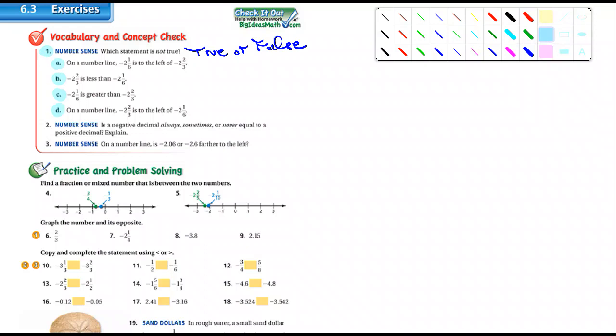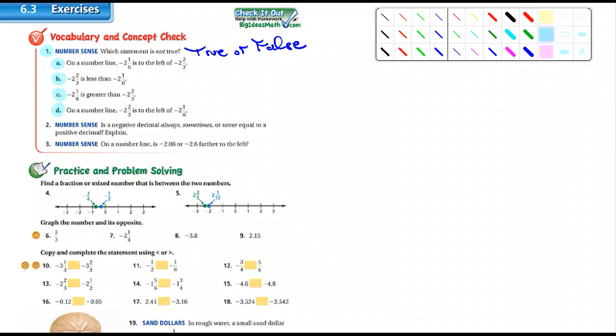Mr. David, for one, wouldn't we just mark which letter would be false? Right, that's what I just said. Put true or false by A, B, C, or D. Is that what you're asking me? No, I was saying that instead of putting true or false on each one, we could just put the letter that is false.